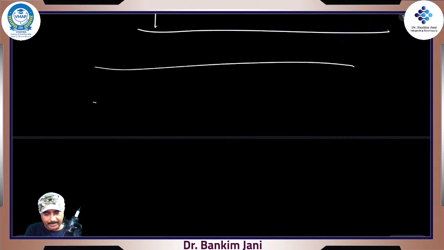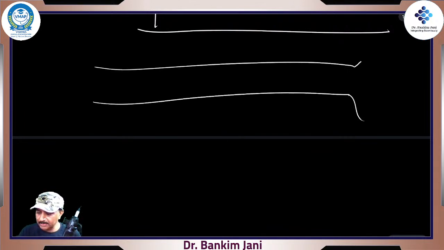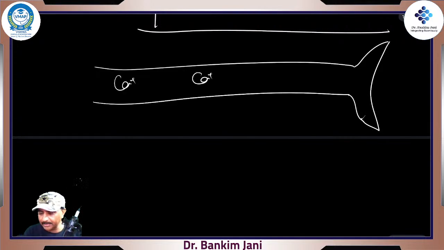That's our axon, right? This is the end. These calcium, when they reach over here, there are vesicles. Vesicle means these are like balls, small balls in which there is neurotransmitter. Let's say acetylcholine.